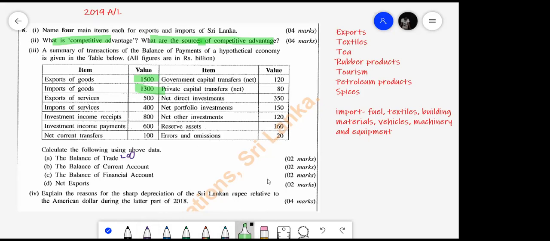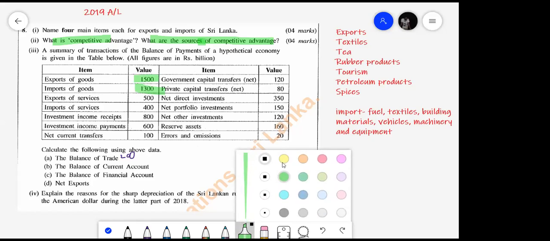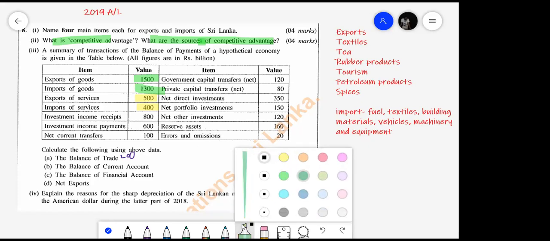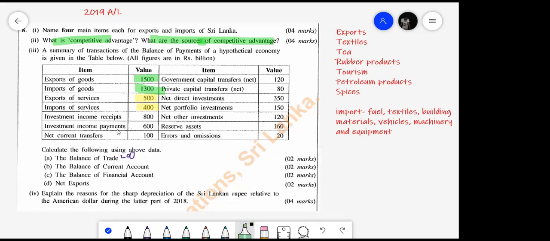Then how do you get your balance of current account? Beyond the balance of trade, you need to consider your export and import of services, and investment income and investment payments. In simple terms, guys, you can consider this as primary income. So investment income may be dividends, maybe profits. So again, receipts minus the payments.